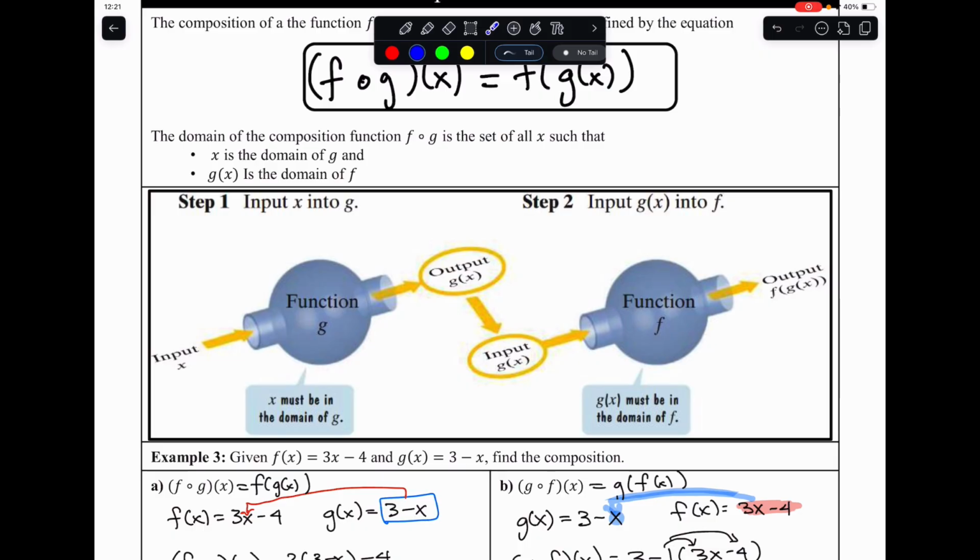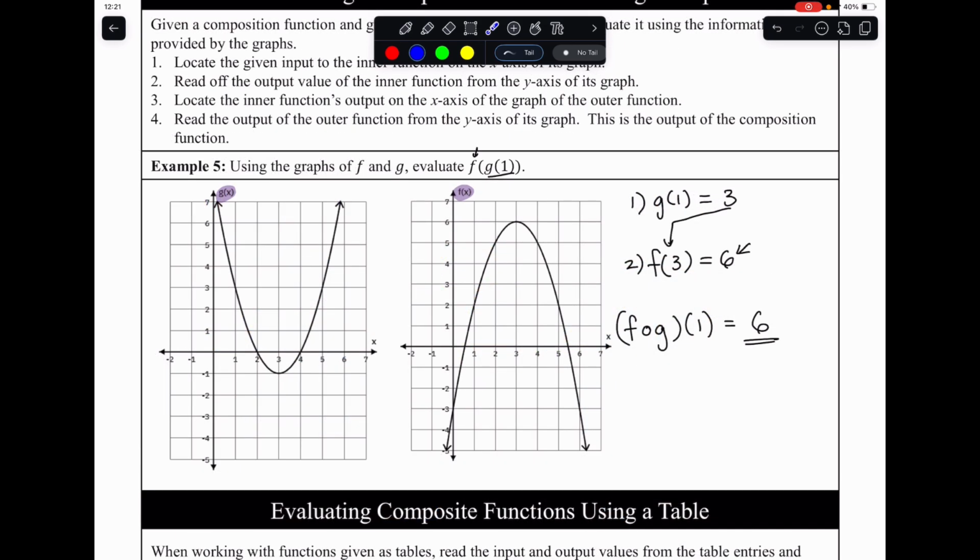So let's look at another example. Using the exact same functions, let's evaluate f of g of 2.